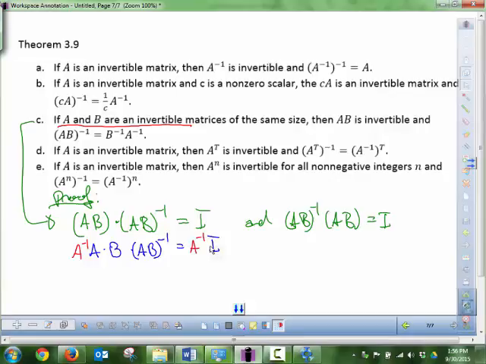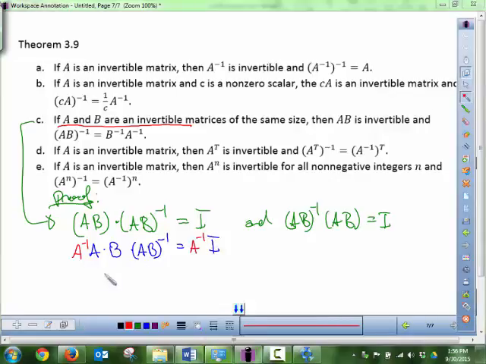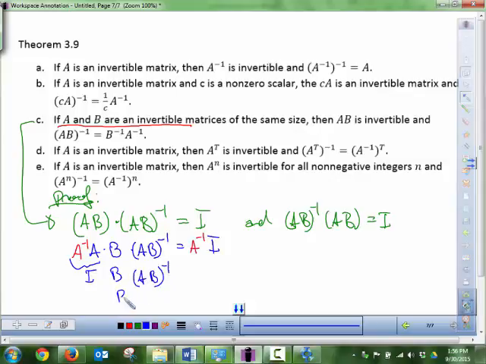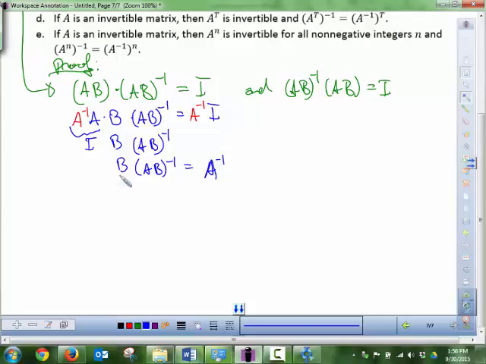Now we know that A times A inverse is the identity, and anything times the identity is itself. So my left-hand side should look just like B, and my right-hand side should look like A inverse, without the identity, because it's itself.